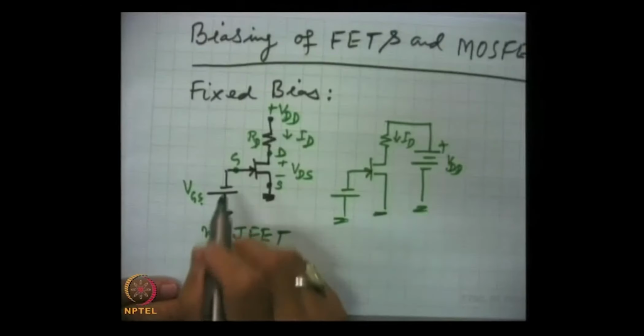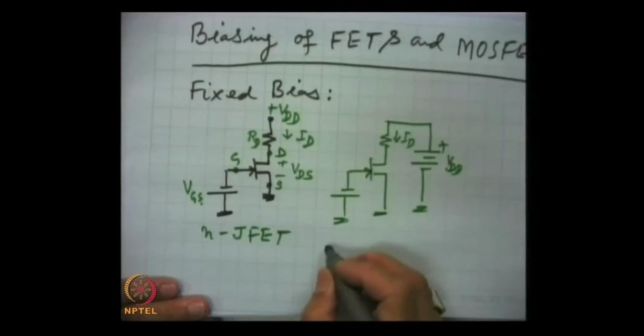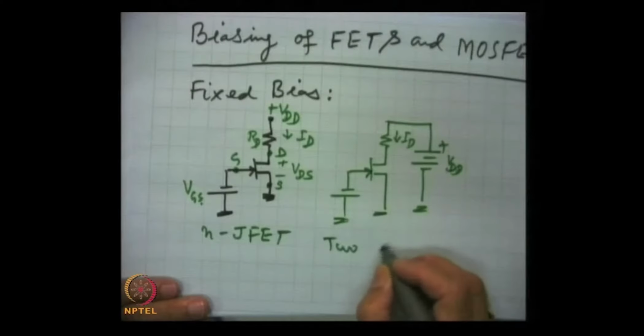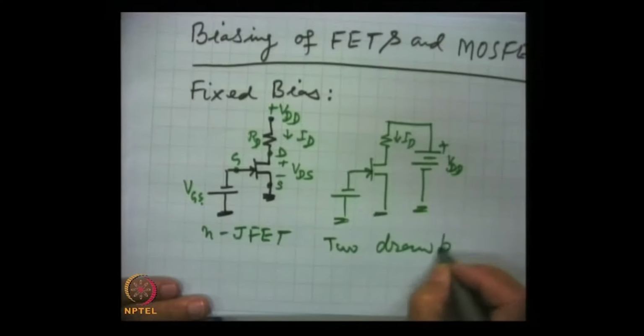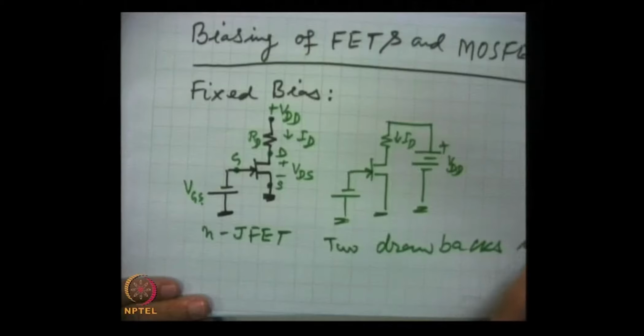And unless precaution is taken, this point we have discussed in much greater detail in the bipolar transistor, fixed bias is no good. So, there are two drawbacks in fixed bias.